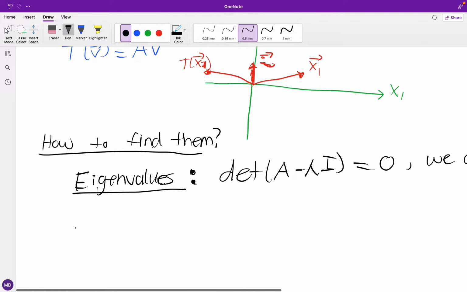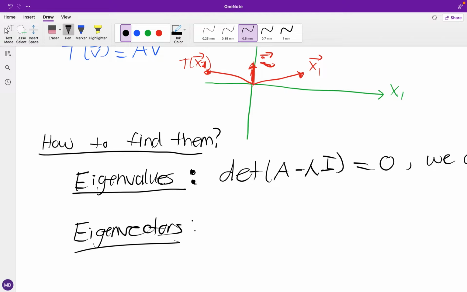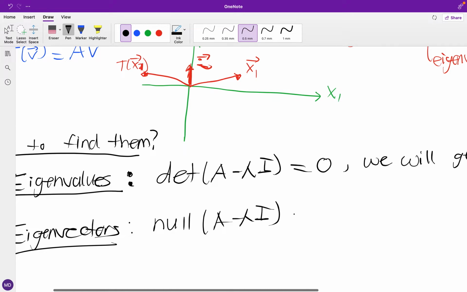And to find the eigenvectors, formally, what we're trying to do is solve for the null space of A minus lambda I. But more simplistically stated, we are trying to solve the equation A minus lambda I times v is equal to 0.